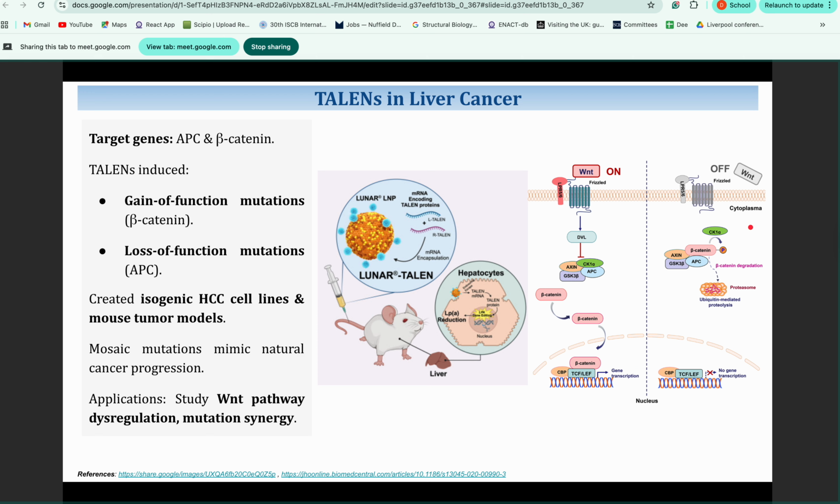On the other hand, if there is dysregulation of the Wnt pathway, then it will not be able to bind to this frizzled receptor, and ultimately the beta-catenin will get degraded by proteasomal degradation, which is ubiquitin mediated proteolysis. If there is no beta-catenin, it won't be able to bind to these factors, so no gene transcription will take place. This tells you how the Wnt pathway is getting dysregulated, and this dysregulation can be studied with the help of the TALENs.